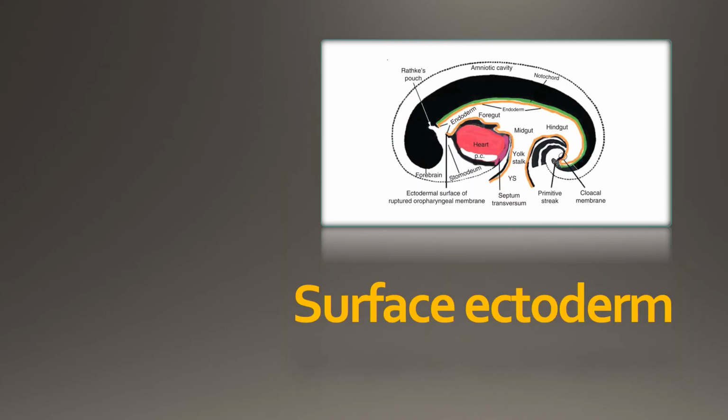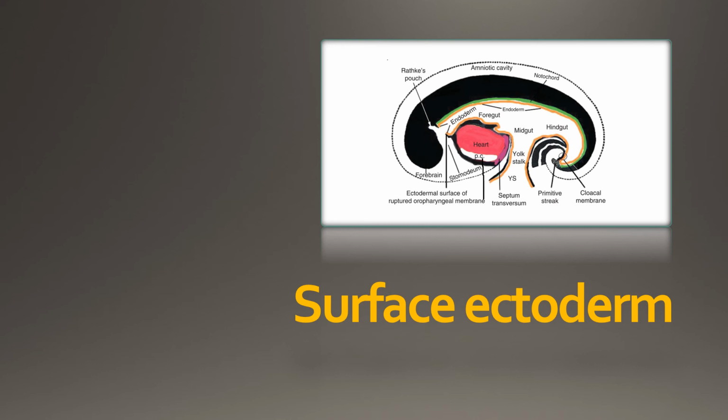Next are the changes that appear in the surface ectoderm. Once the head fold and tail fold occur, the pericardial sac goes below the buccopharyngeal membrane, and the stomatodeum is seen above the buccopharyngeal membrane.